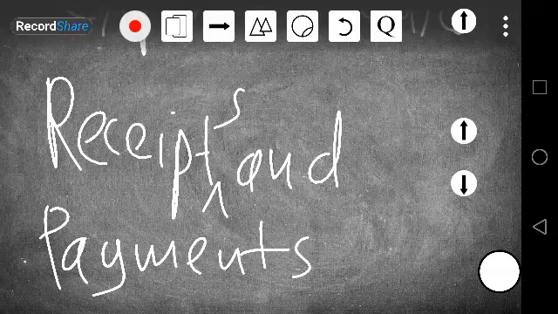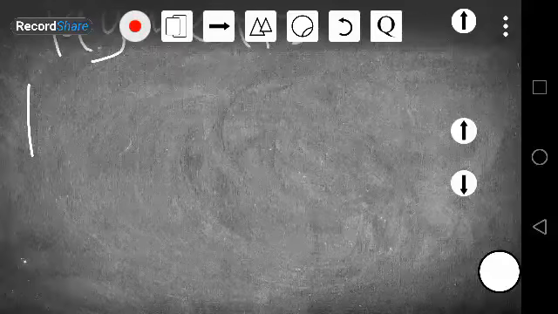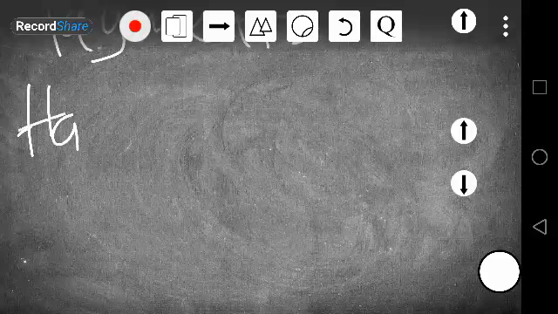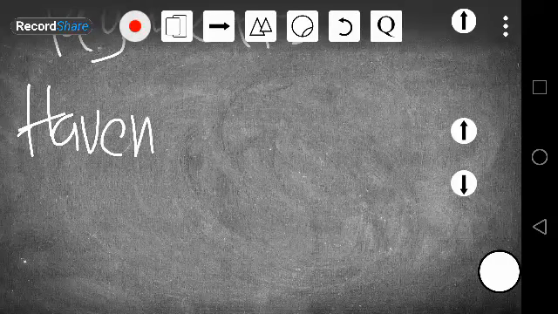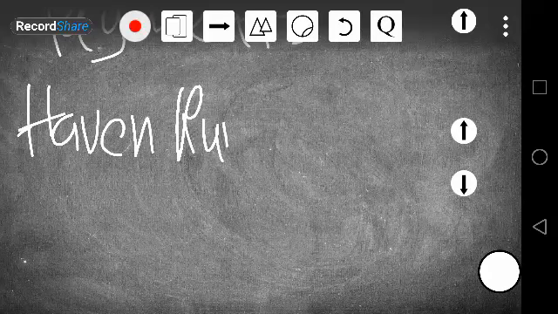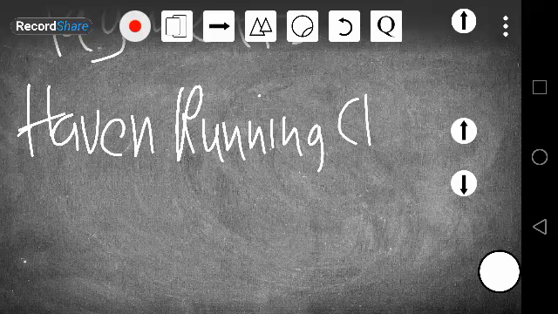So we need to look at an example. We need to look at the Havian Running Club. Okay, so we need to look at the receipts and payments account.